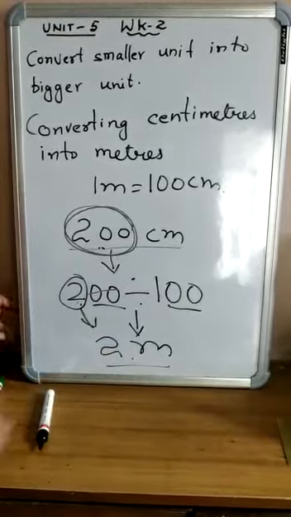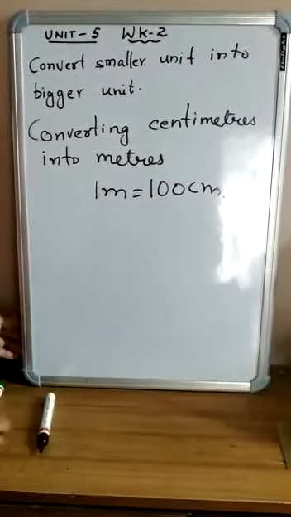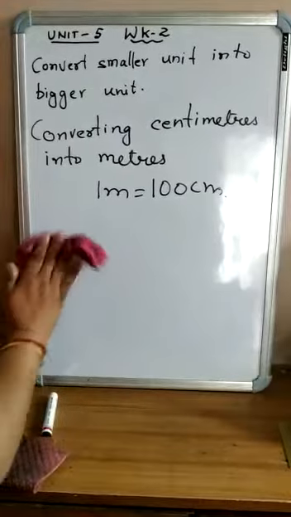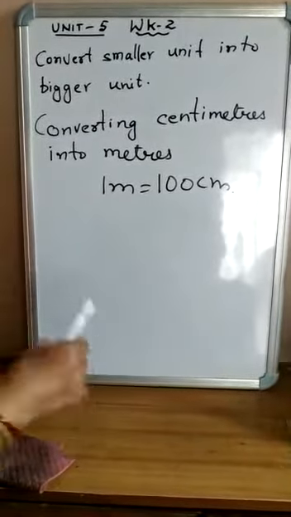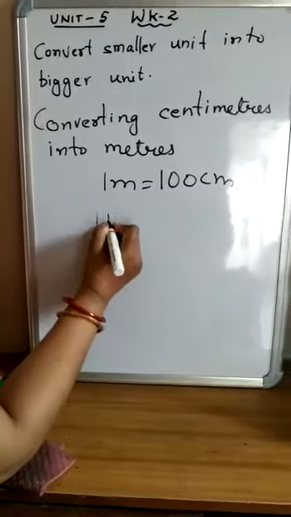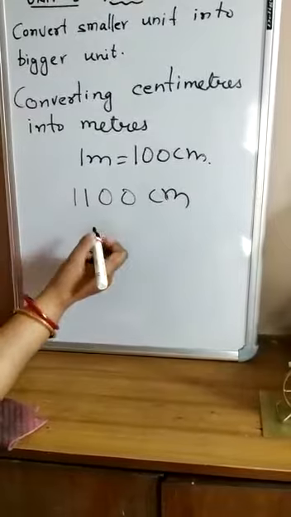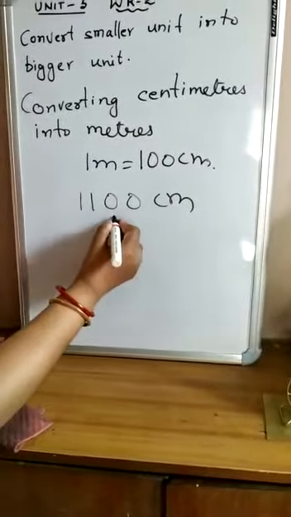Now let us take another example. All of you see, that is 1100 centimeters. How will we convert it from centimeters to meters? Simple.